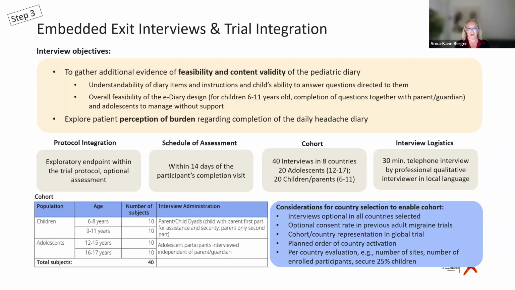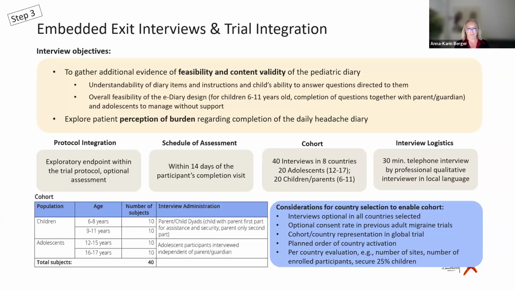Some of the considerations we made for the country selection, to enable the cohort for the interviews, was to offer the interviews as optional in all countries selected. To make this decision, we revisited the optional consent rates in previous adult migraine trials. Another consideration was to explore the cohort being represented in each country, and we also looked into the representation of the different countries in the global trial.